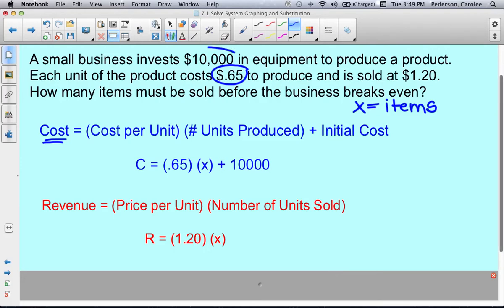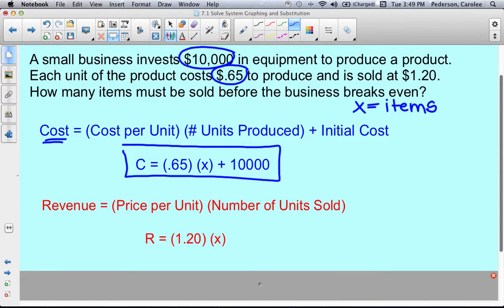So the initial investment into the company is $10,000. So here is our first equation, which we'll be using later as a system.